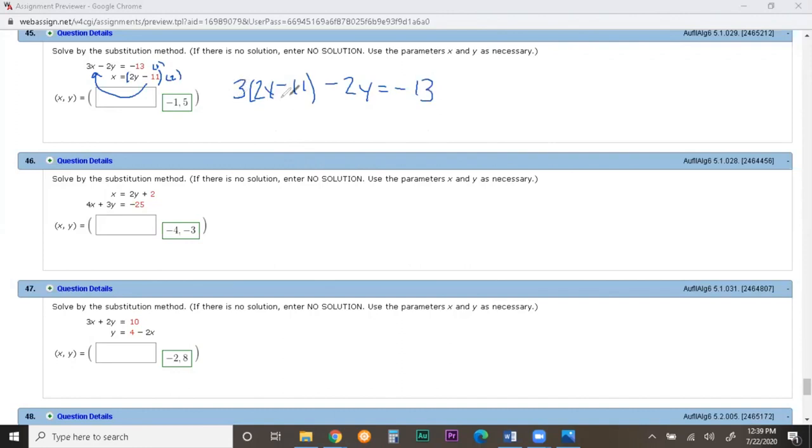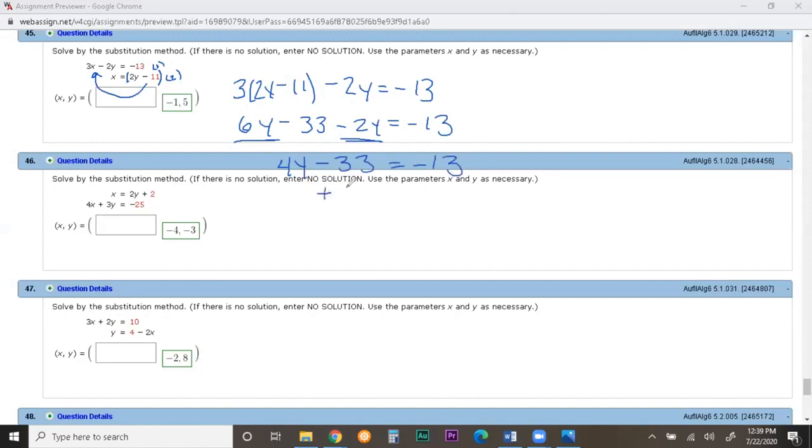Because the 3 is in front of this parentheses group, we have to distribute. So it'll be 6y minus 33 minus 2y equals negative 13. We have to combine the like terms, so we will have 4y minus 33 equals negative 13.